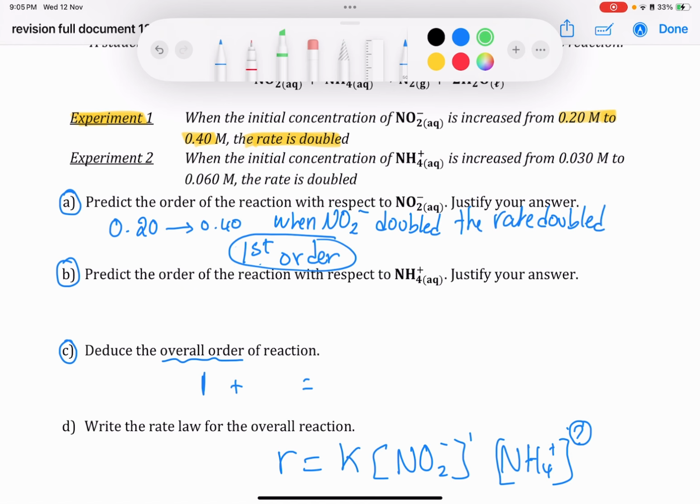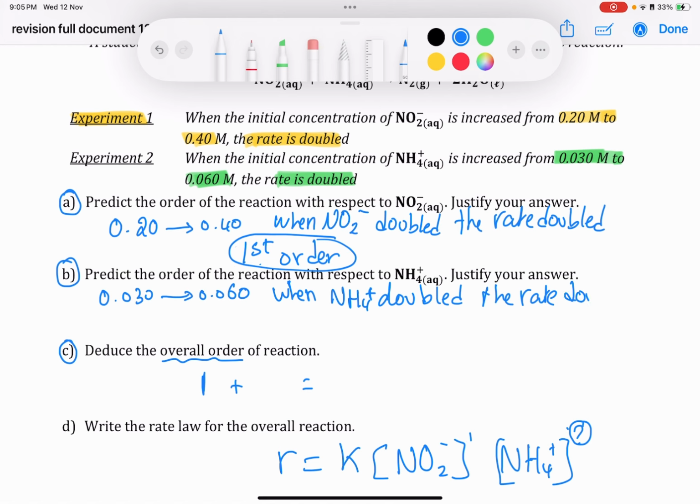Let's move on. When the initial concentration of NH4+ is increased from 0.030 to 0.060, they mean by this, when NH4+ doubled, again, the rate doubled.